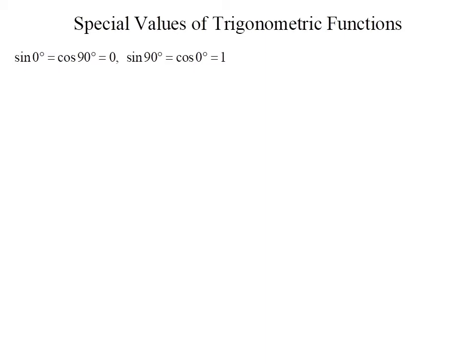Since the cosine function is the sine function translated 90 degrees in the negative direction of the x-axis, cosine 0 degrees equals 1, while cosine 90 degrees equals 0. Hence, tangent 0 degrees equals 0, while tangent 90 degrees is not defined.